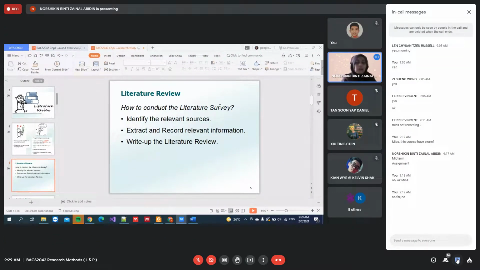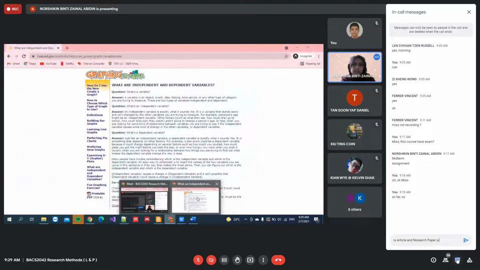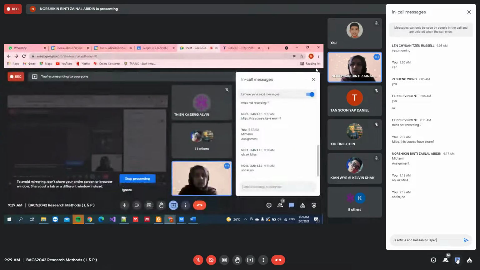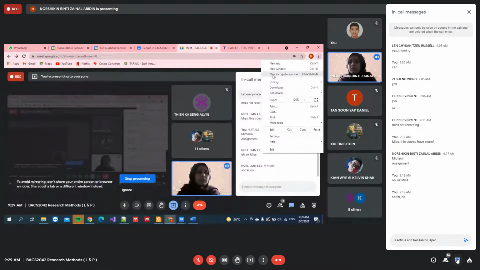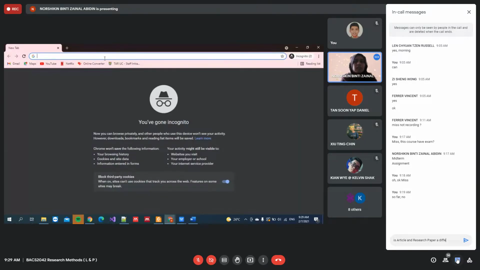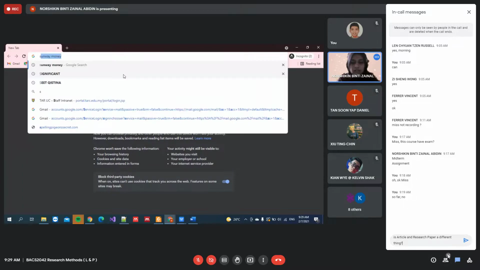So where can we find the source of the papers? Let's see, I'll give you an example. What's the name? Scopus.